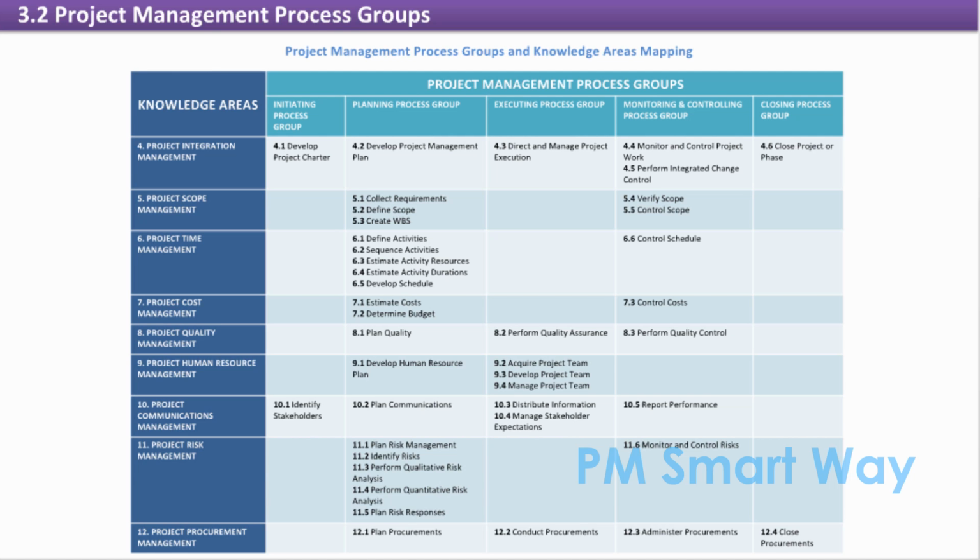Project communications management provides processes for communication planning, information distribution, performance reporting, and managing stakeholders. Each of these processes will occur at least once for the project and may also occur for project phases. We know that effective communication is critical to help ensure a successful project.